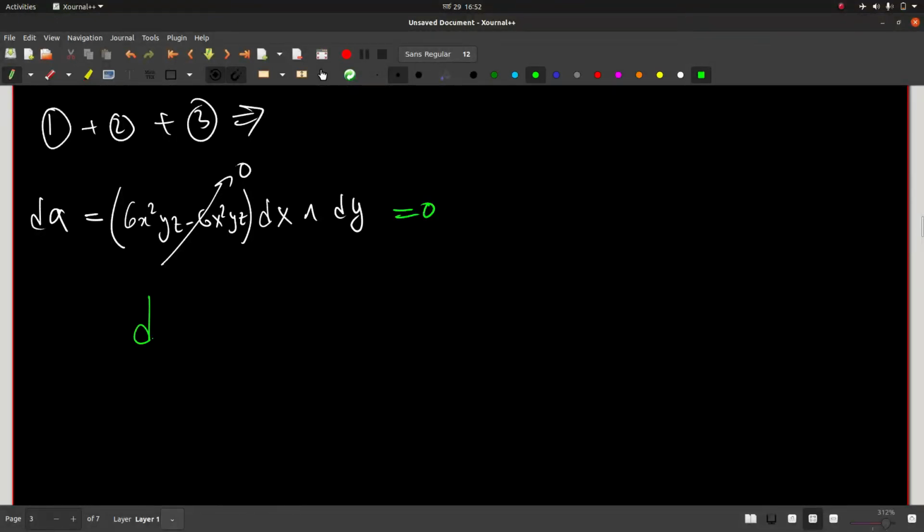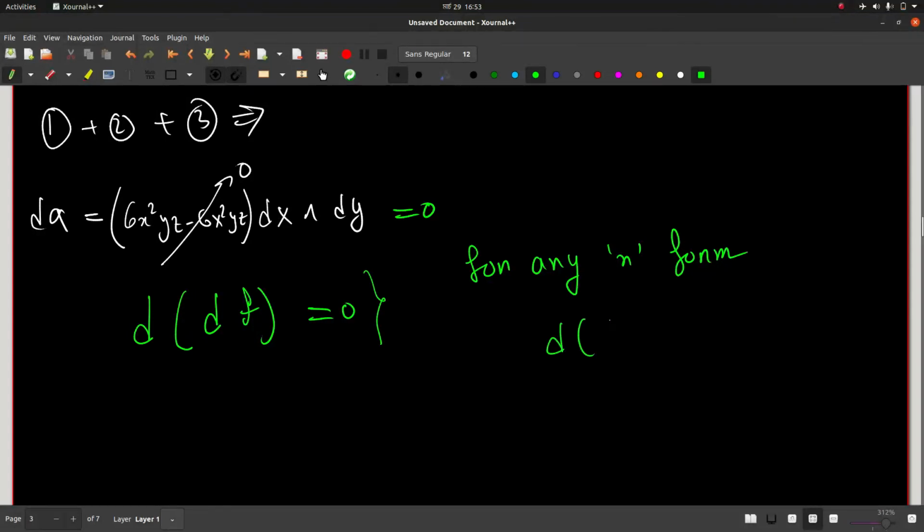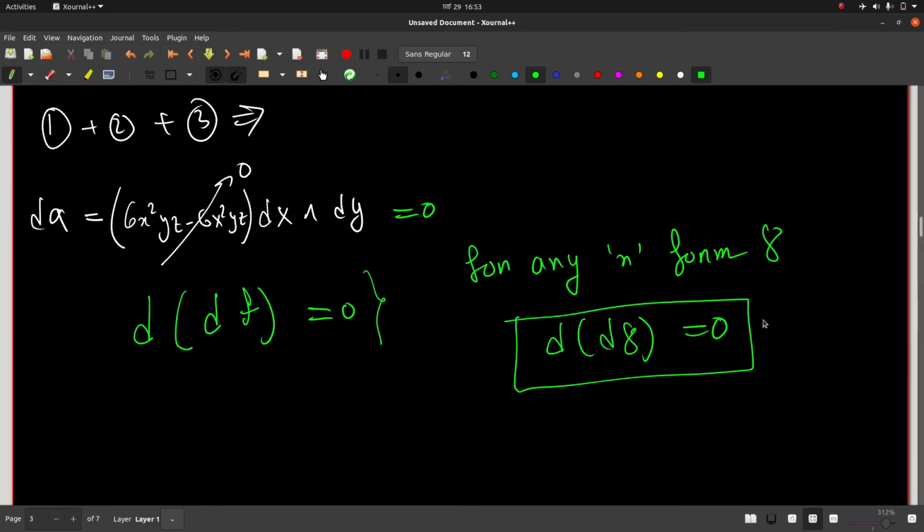So what is happening over here? We are calculating this d of f, right? And we are getting a 0. So this is a very famous property that exterior derivatives show: for any n-form, d of that form, so let's call this form, let's say, gamma, d of gamma will always be 0, always.